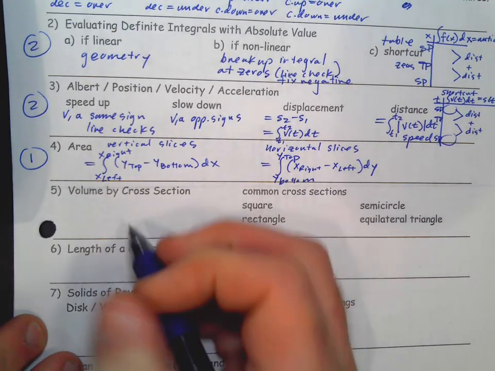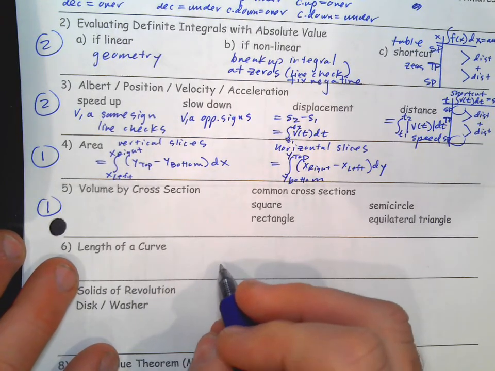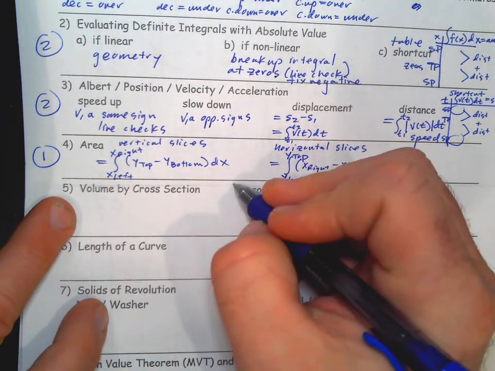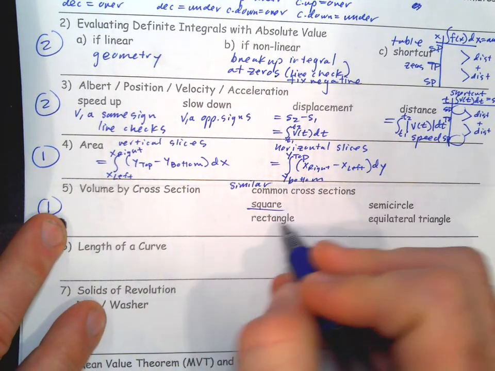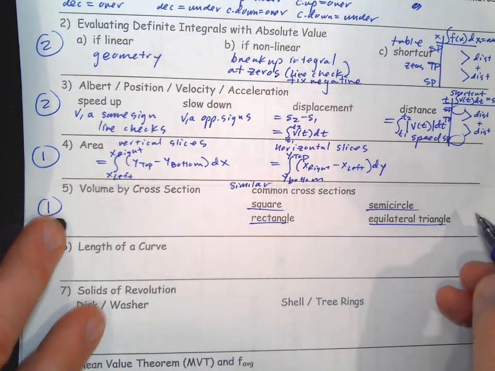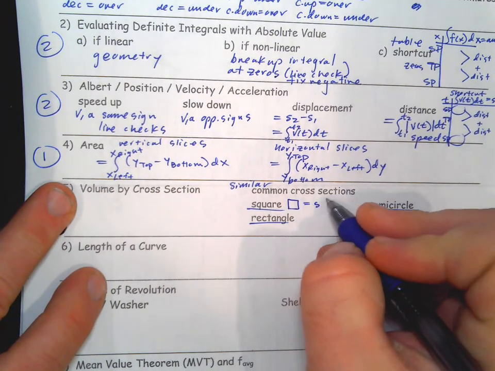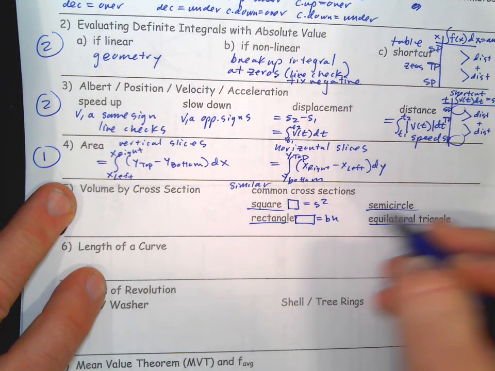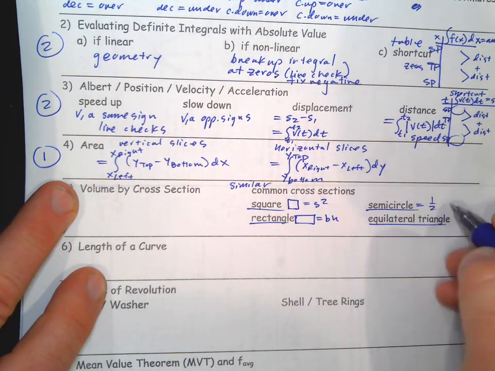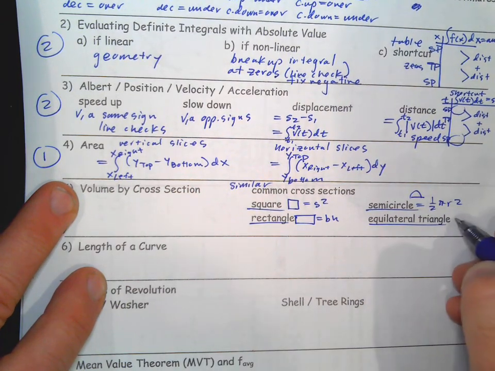Volume by cross section will be on part 1, and this is where they have similar common cross sections like squares or rectangles or half circles or equilateral triangles or other things, like an equilateral triangle.